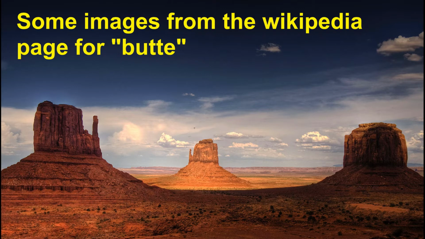And let's talk about buttes. The Wikipedia page for butte had like 6 or 7 images, and I don't have anything to point out on all of these, but I just want to show them in the context of the one image I do want to show. So there's these.